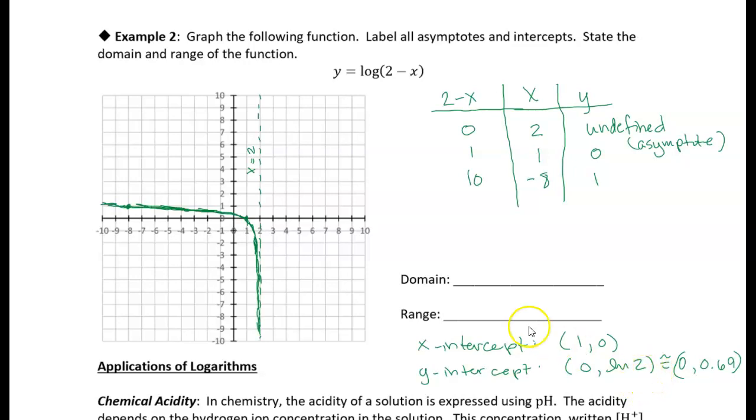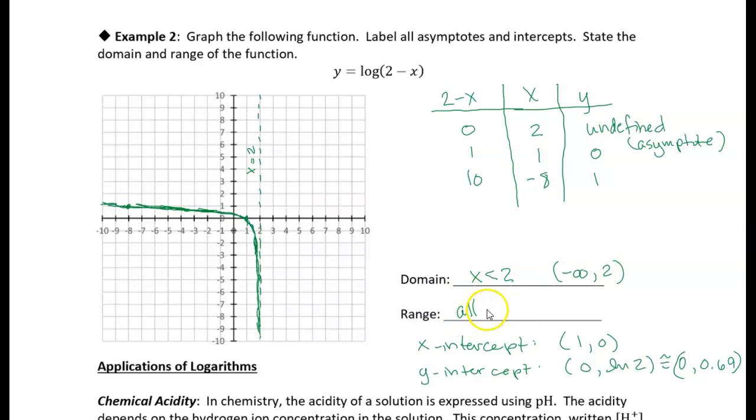And the domain, okay, well, x is now less than 2. You can see that on our graph, x is less than 2, right, because we have the asymptote at 2. In interval notation, we could list that as minus infinity to 2. Now the range, okay, so that's all the output values, and you can see that basically you can get any real number.